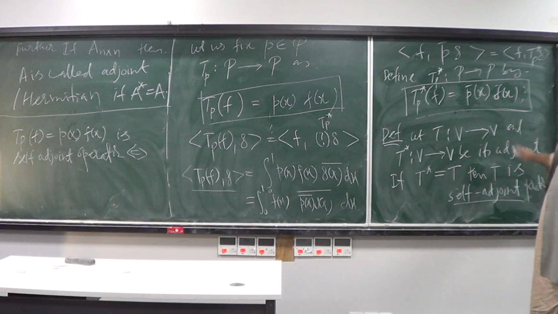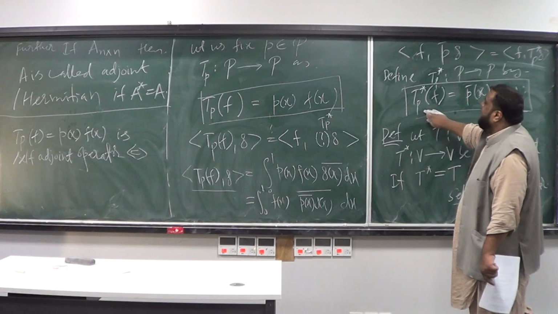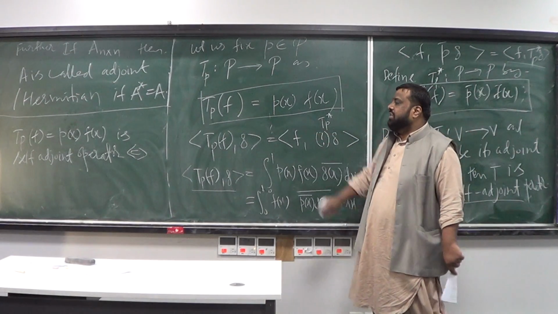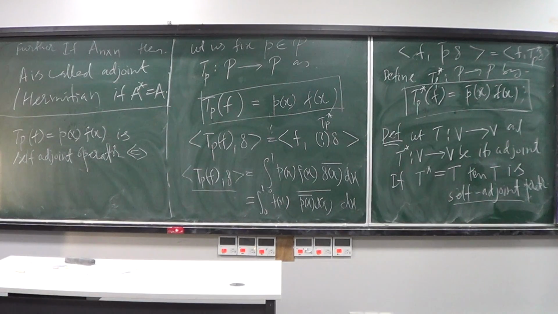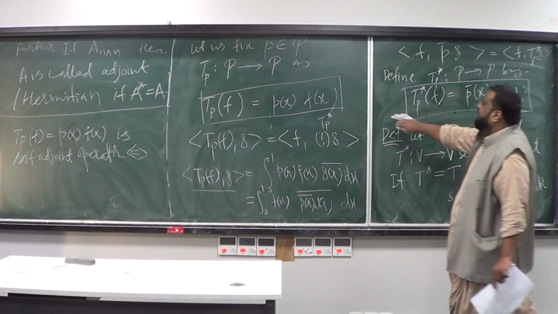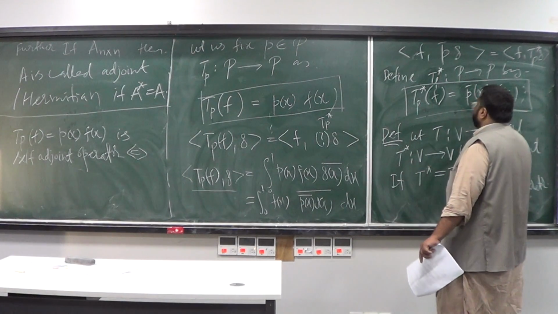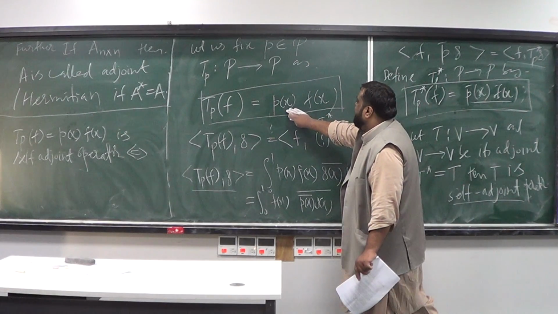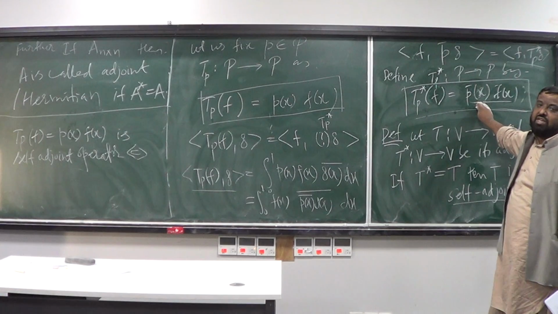Then when this Tp star is equal to Tp, so when the adjoint of T is equal to itself, both are going to be equal because everything is equal if and only if, in other words, this would be equal if the p of x is equal to the conjugate of the p of x.